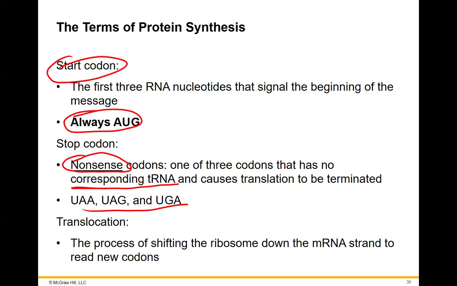Bacteria are the coolest, by the way. You know how we have to make our messenger RNA from our DNA, and that working copy we have to take out of our nucleus and into the cytoplasm, or rough ER, and then make our protein there. Bacteria don't have a nucleus. So they can literally start making their messenger RNA, and we can bind on our ribosomes before it's even done being made.